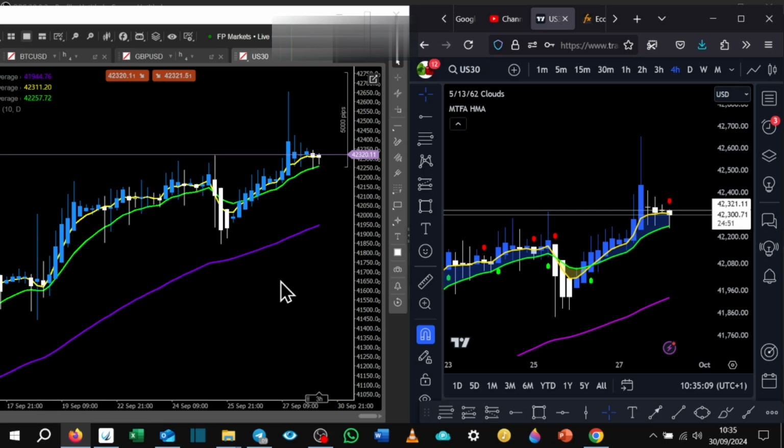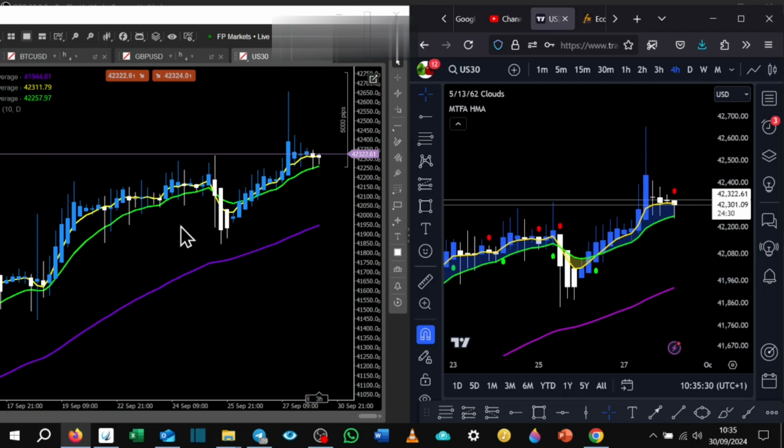Okay, so 42321. Yeah, so that is actually the same price on US 30, and visually it does look slightly different actually.